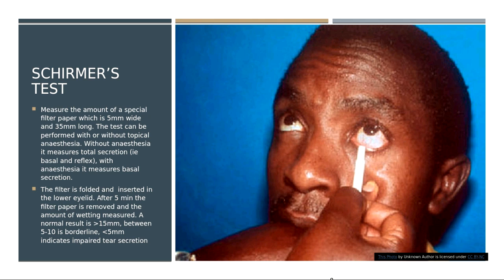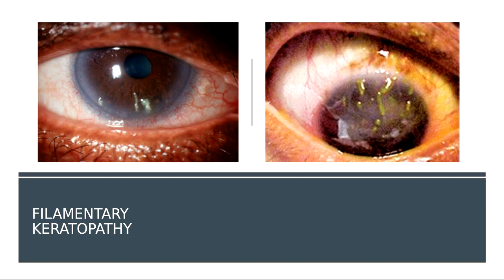And as I said, usually it's patients with rheumatoid arthritis and SLE, but seen in practically any autoimmune disease where you have the lacrimal gland being attacked, you can end up with a dry eye, and it's actually pretty common. All right, and as I mentioned before, you can get what we call filamentary keratopathy.